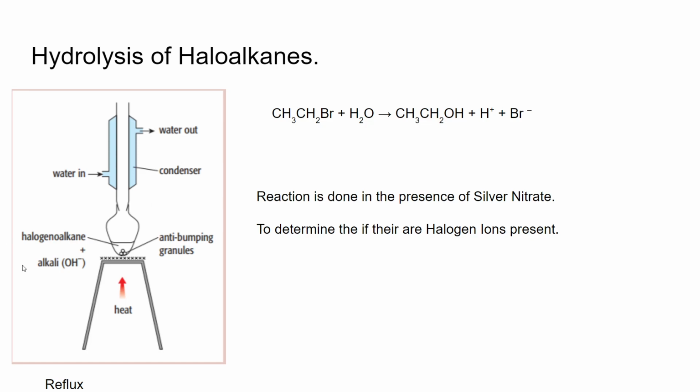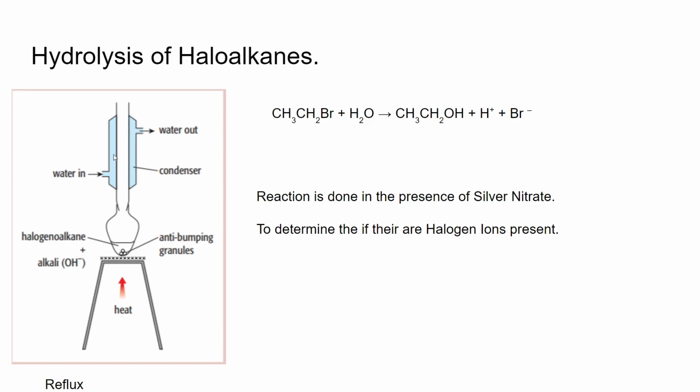And we'll have our haloalkane, and then we're going to have it in a long container, and in this container we're going to go ahead and have what's known as a condenser. The condenser's whole point is to cool this area of the tube so that none of the organic compounds continue to boil out.